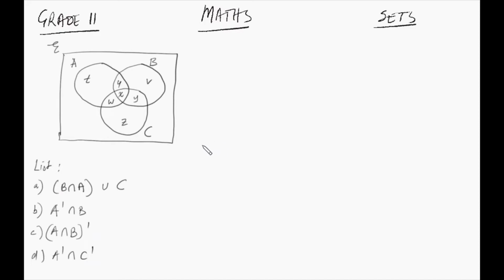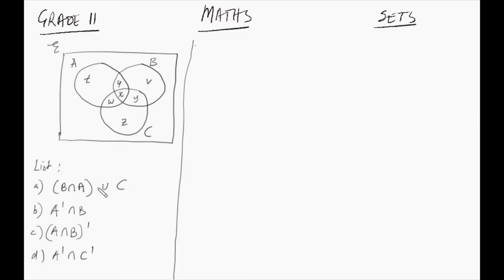What would you do here? Let's look at this first one, number a, B intersect A union C. So what would you do?